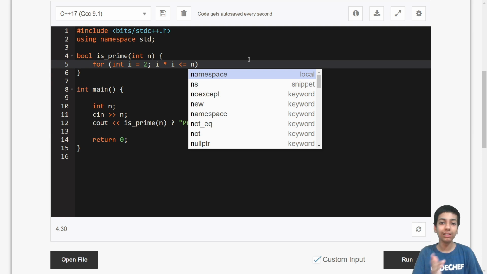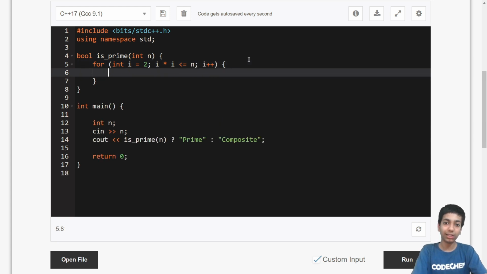In Python you can use the square root function itself, where you cannot do something like this. It's an implicit loop, so you can write for i in range 2 comma square root of n plus 1, right? But in C++ we can do this, so this is a bit more readable.